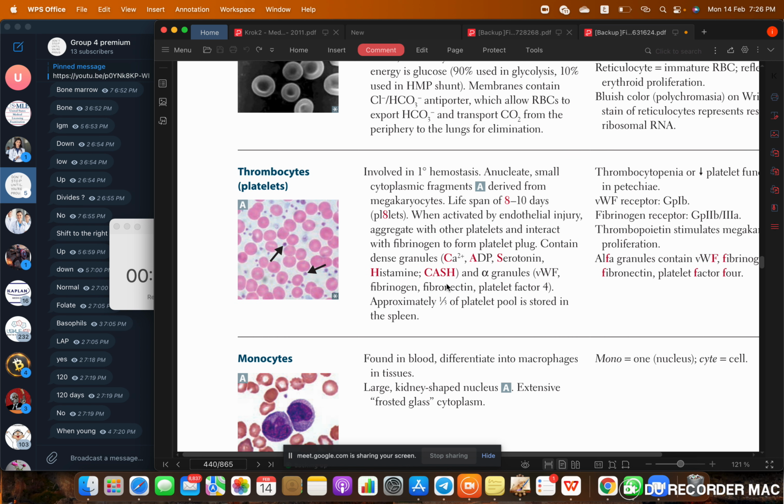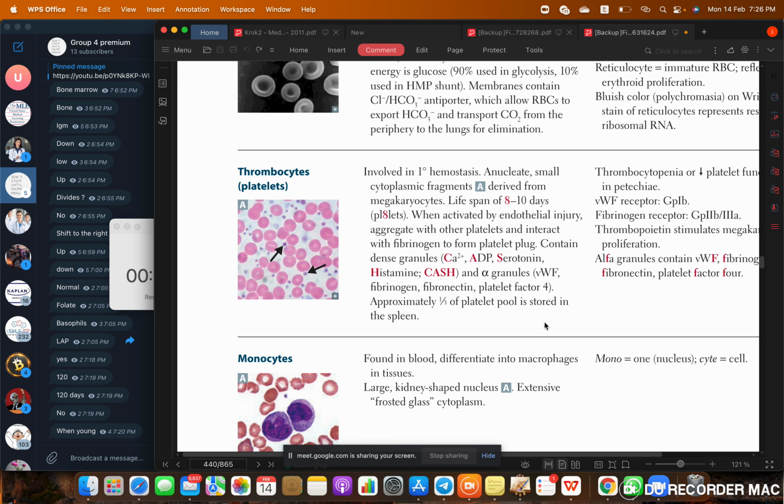The dense granules are full of cash. Cash will be the calcium, which is also known as factor 4 for the clotting cascade, so it's important in coagulation. ADP as well, serotonin and histamine. While the alpha granules, on the other hand, contain the Fs, a lot of Fs, guys. That will be von Willebrand factor, fibrinogen, fibronectin, platelet factor 4.